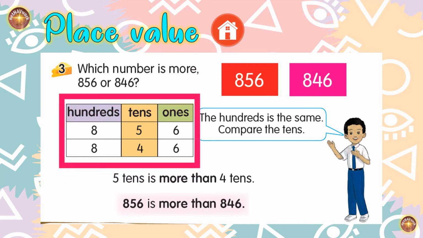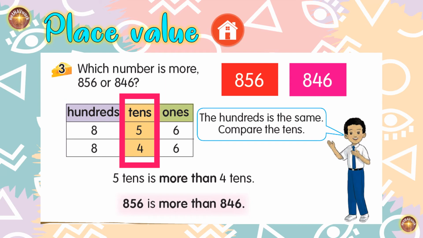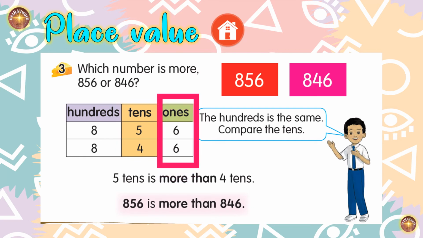Alright, so this is the place value house. Let's see 100 first. So we have the same number, which is number 8. Let's go to the 10s house. So what is different? Yes, we have number 5 and number 4. Which one is larger or big? Yes, correct, number 5. And let's look at the 1s house. This is the same number, which is 6. Alright?